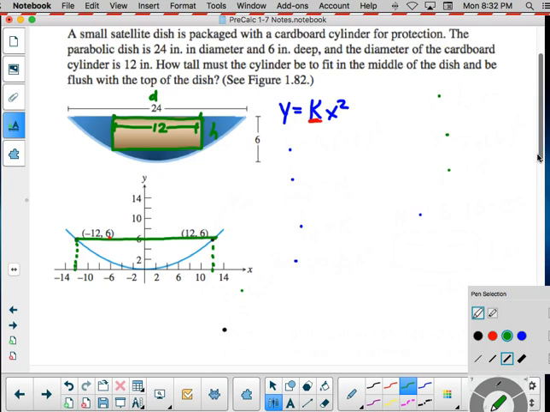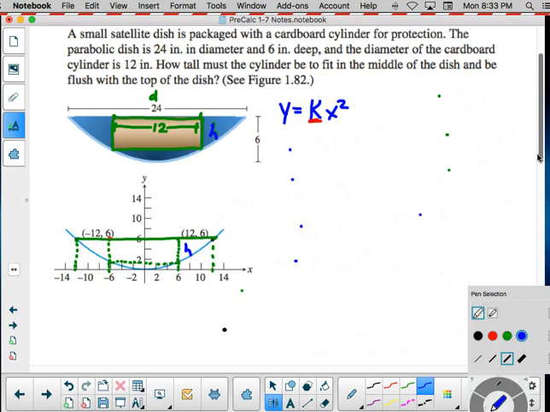Now, inside at 6 here and here, I should have my cardboard that I'm packing in to make sure the box stays nice and firm and the dish doesn't move around. But how high is that? They want us to find this height. Remember, that's the height I've got to find.